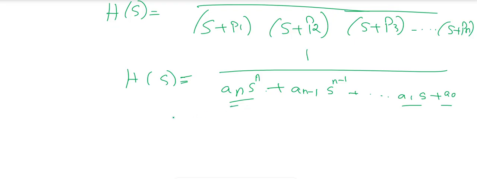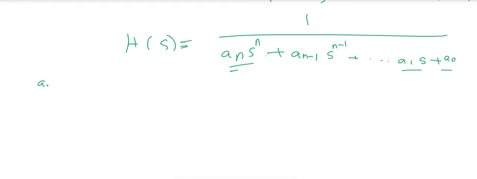For n equal to 6, we'll write all the coefficients a0, a1, a2, a3 up to a6. So n is greater than or equal to 1 and less than or equal to 6.